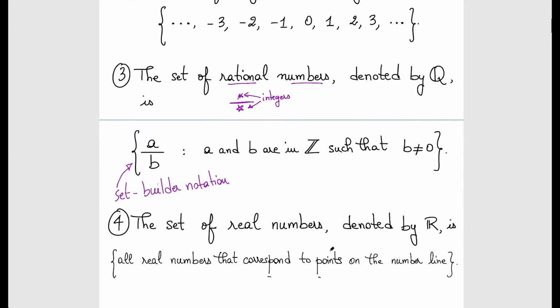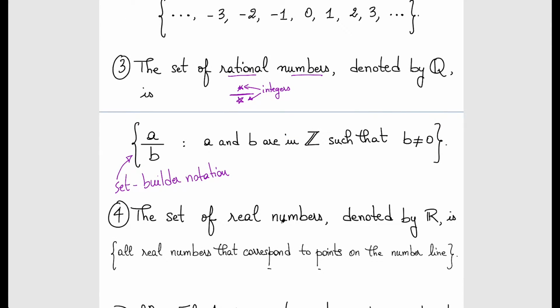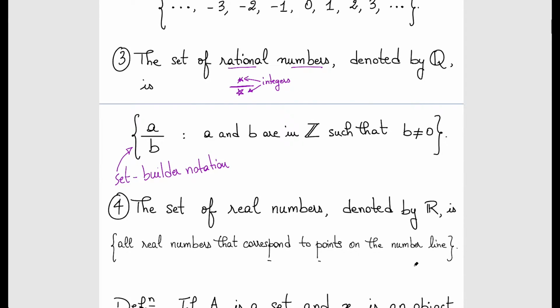And the last part, it's the set of all real numbers. The set is denoted by boldface R, and I'm just going to give the description of the objects inside. So I'm going to put my typical curly brackets to denote the set, and this set consists of all real numbers that correspond to points on the number line.